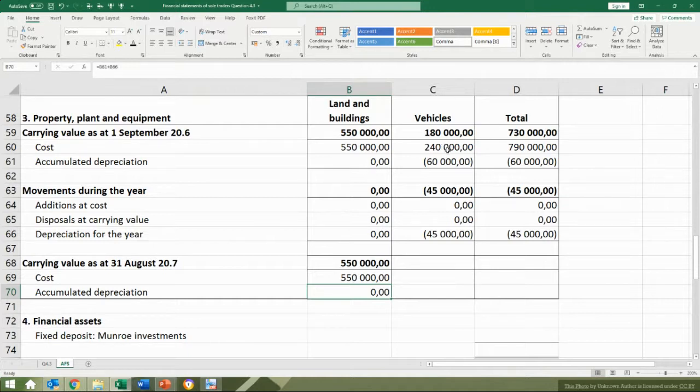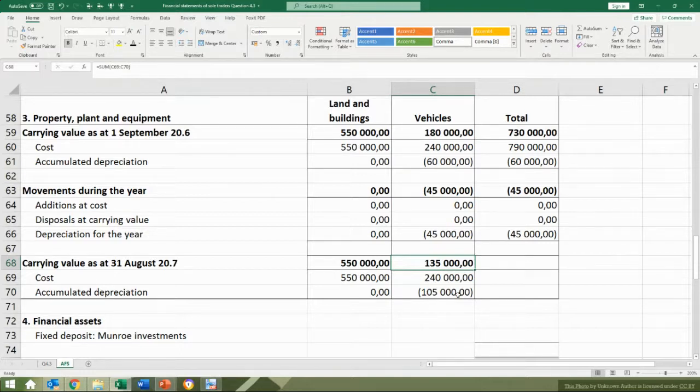Now, for vehicles, the cost remained the same. We didn't have any additions, so the cost is the 240. We did, however, have additional depreciation, so our accumulated depreciation is the 60,000 plus the 45,000, which gives you 105,000 as our new accumulated depreciation, and then our updated carrying amount is 135, which is the 240 less the 105.